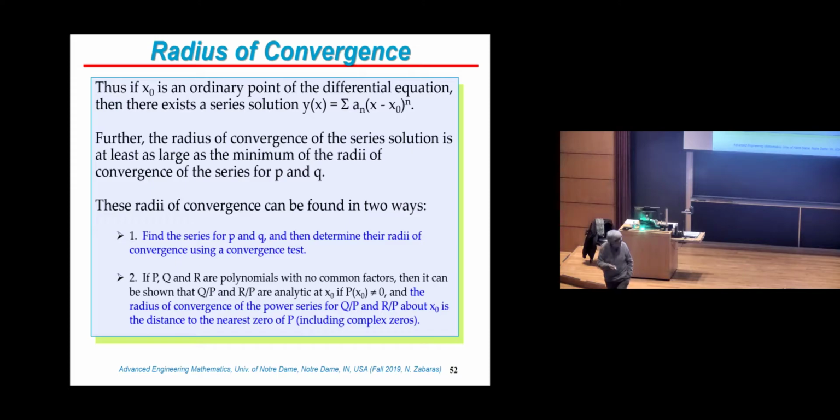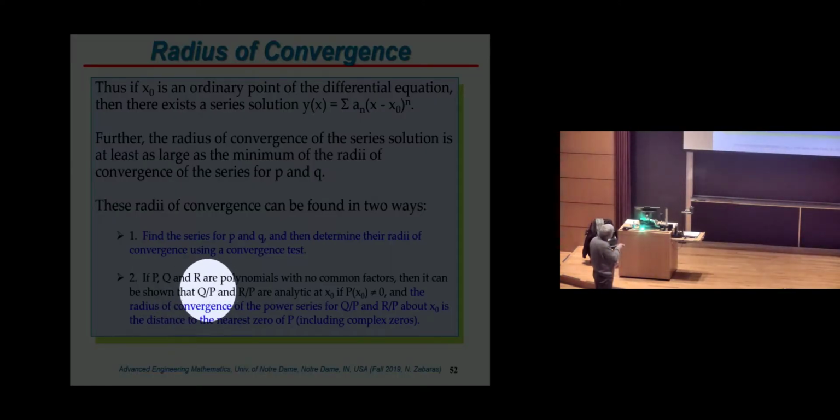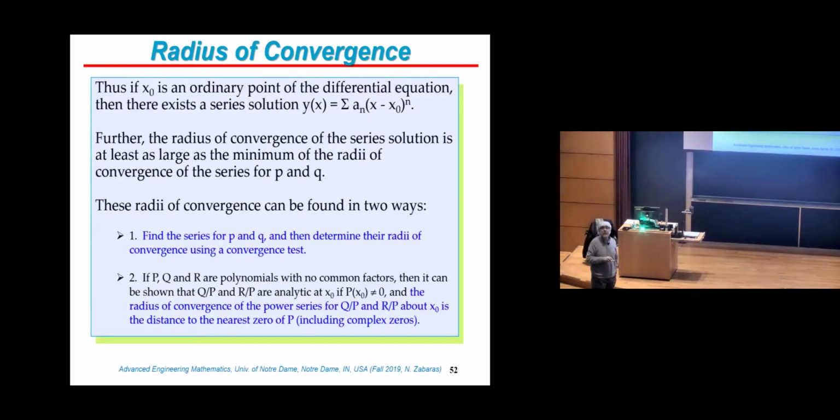There are maybe some x's such that P of x equals 0. So this second criterion basically says that the radius of convergence of this solution is the distance between x0 and the roots of capital P.